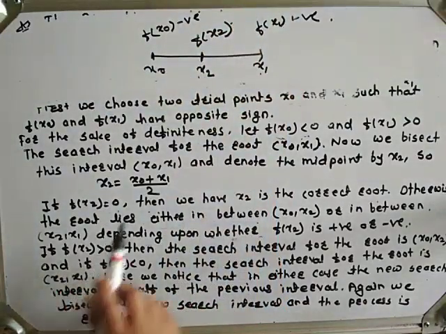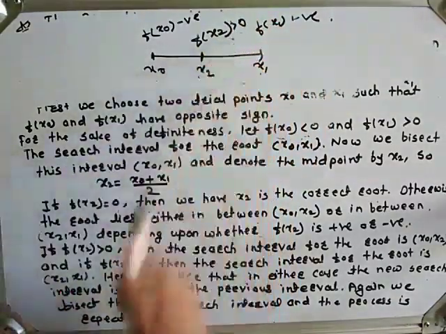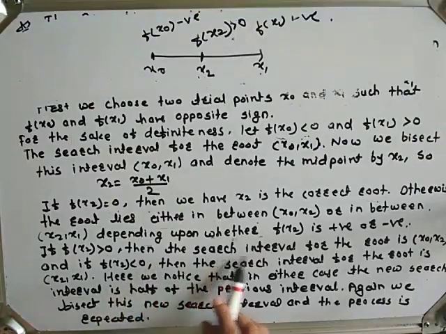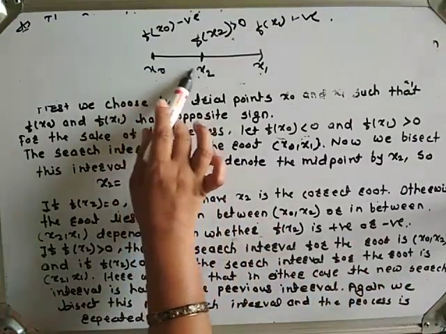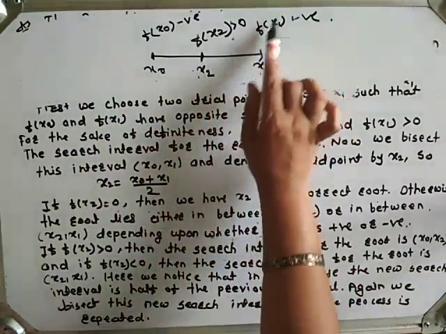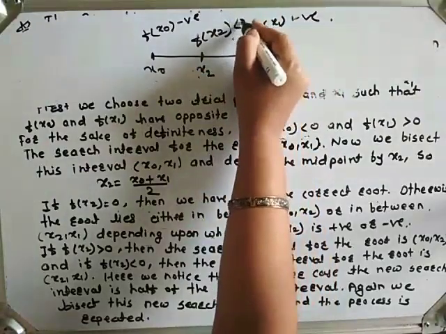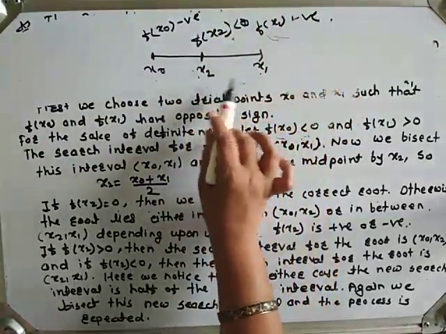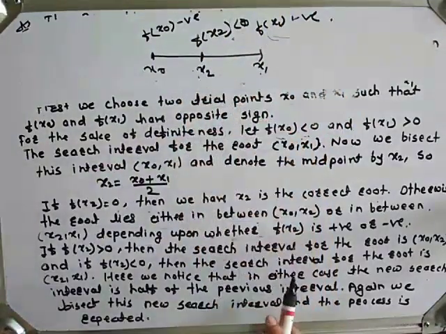If f of x2 is greater than 0, that is, f of x2 is positive, then the search interval for the root is x0, x2. And if f of x2 is negative, then the search interval for the root is x2, x1.